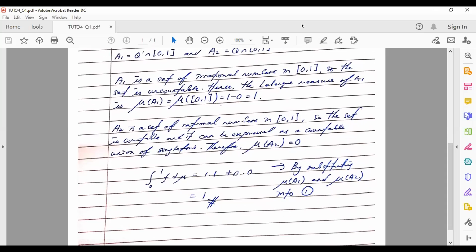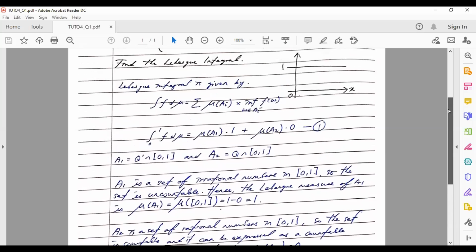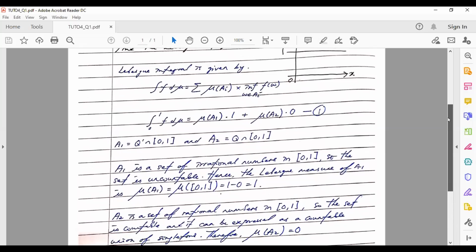So the thing here is to note the measure, right? Because your function is actually a constant, so that's taken care of. You just need to evaluate the measure of the two sets.